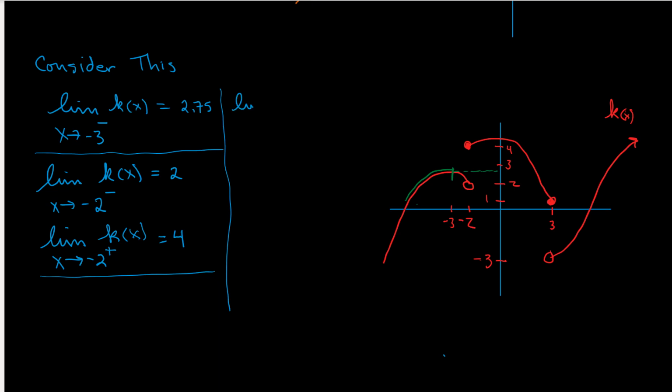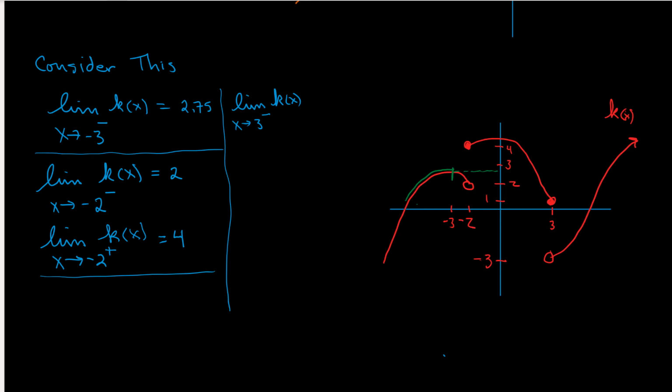Let's do this limit of k of x, and this time we're going to allow x to approach +3 from the left-hand side. Notice the notation here is slightly different.